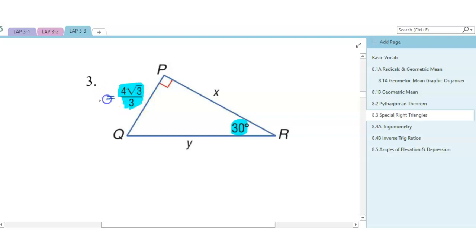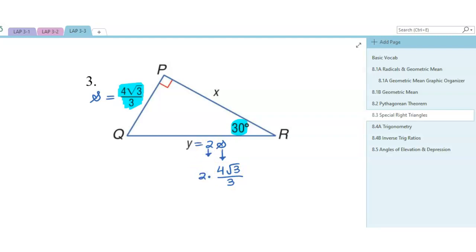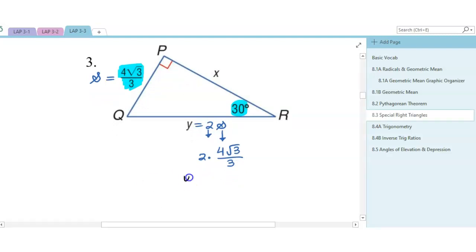So let's go ahead and just set this equal to S. And if we were to find Y, remember Y is just going to be 2 times S. So if S turned out to be this big looking thing, 4 root 3 over 3, then Y is just going to be 2 times that. And so we just go ahead and simplify. Y is simply going to be 8 root 3 over 3. Done.